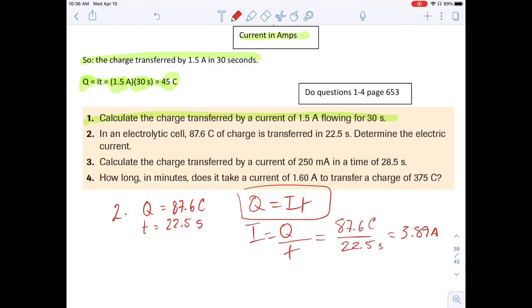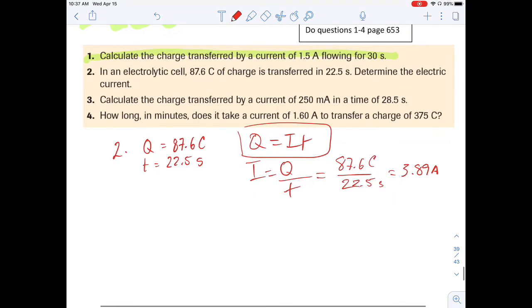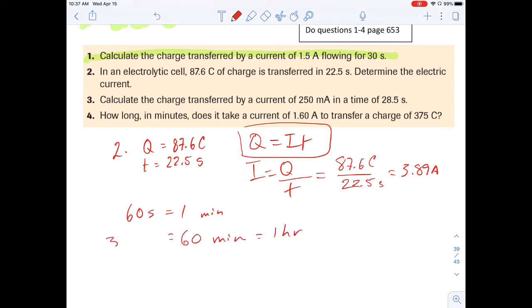One of the things to recognize is that time needs to be in seconds. So 60 seconds equals 1 minute, and 60 minutes, which is an hour, equals 3,600 seconds.